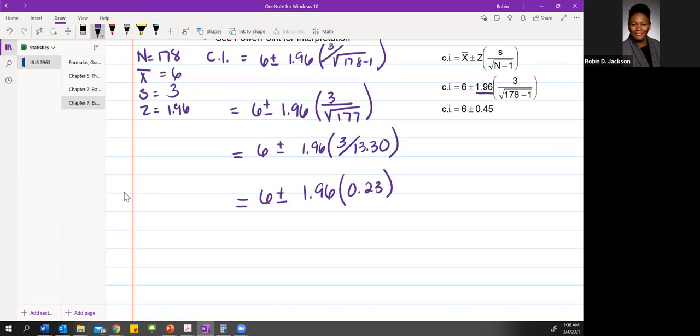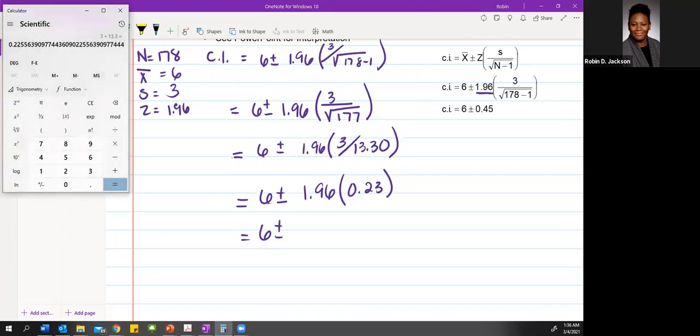So 6 plus or minus 1.96 times 0.23 is going to be, let's calculate it out so you can see it, 0.4508.